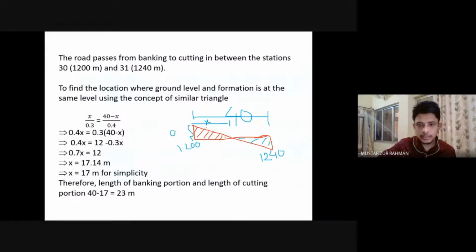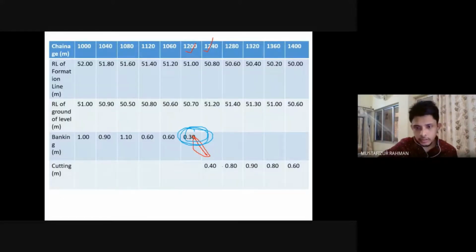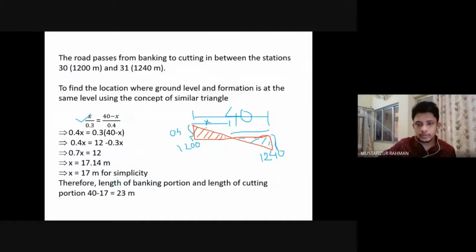On this side, this is going to be 40 minus x, and this cutting that we have to do is 0.4. So this is 0.3, and this is 0.4. Simple, using the concept of similar triangles, we are getting this.